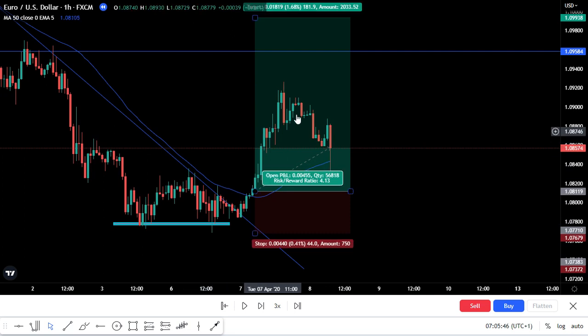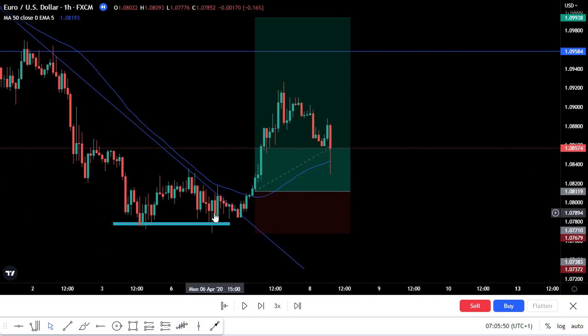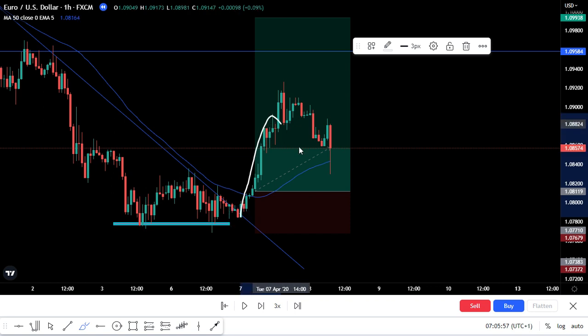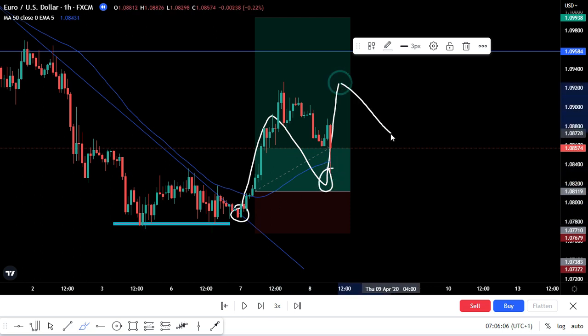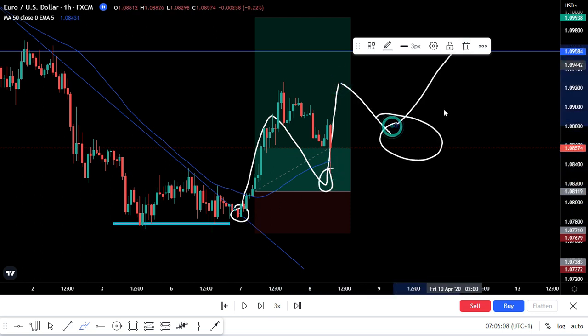But remember, by now I'm not actually looking for entry again. The reason is because the price has not given me more bullish properties. What do I mean? I need the price to give me another swing, so that I see this low is now higher than this one. Then the next one is the point I'm going to be looking for.